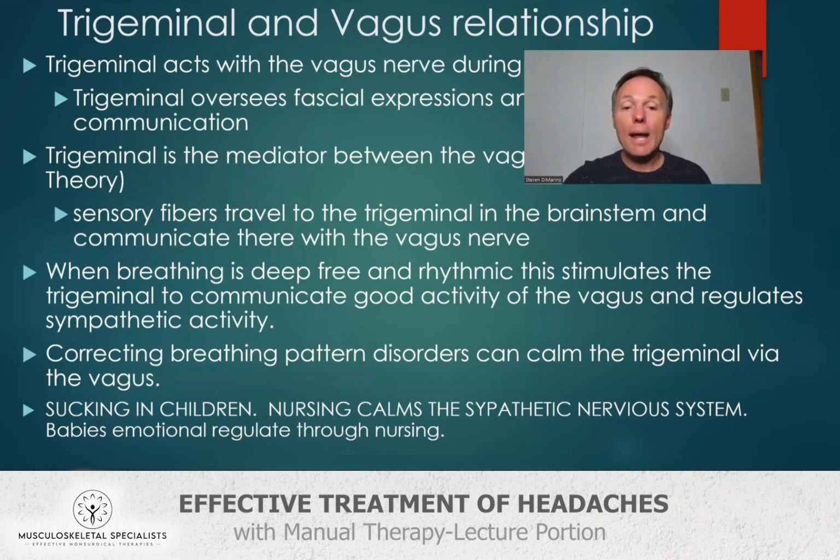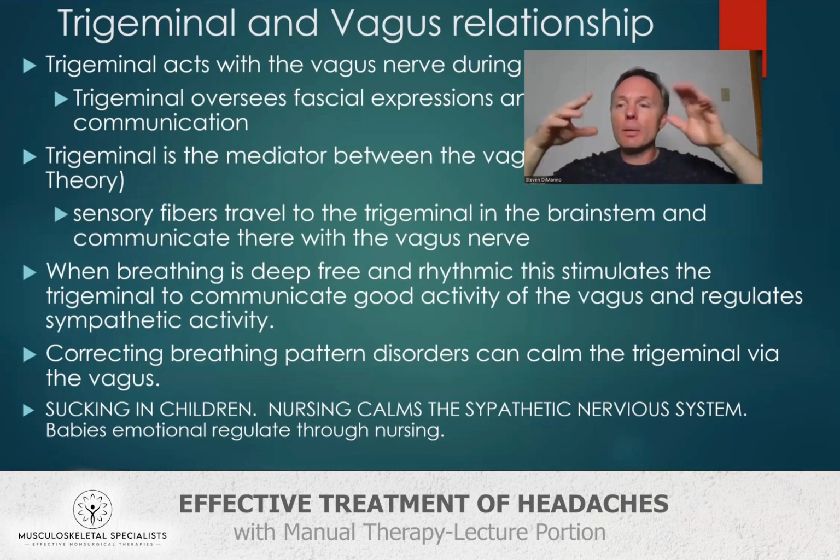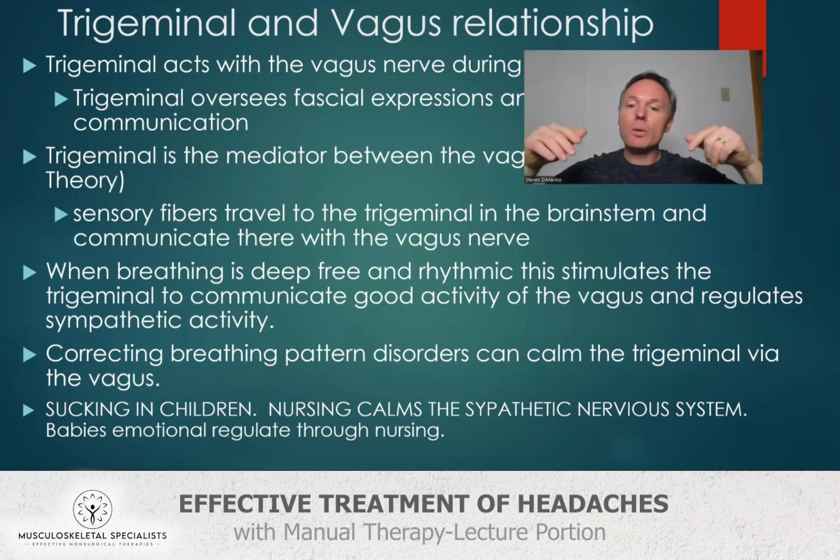Okay, so I added this because I like babies. Suckling in children: that sucking action is the trigeminal doing that. It calms the baby's sympathetic nervous system, and so nursing is emotionally regulating the baby. When babies get hungry, they start crying, and if they get more and more ramped up, their nervous system is getting deregulated.